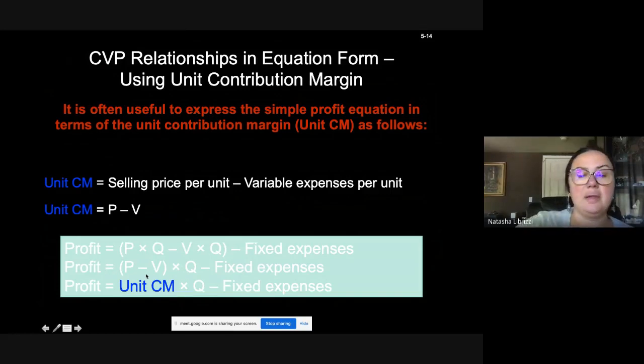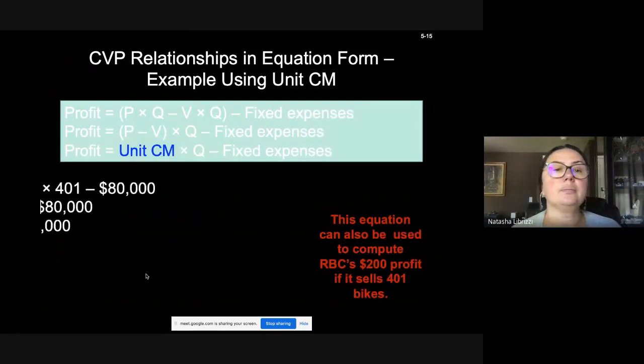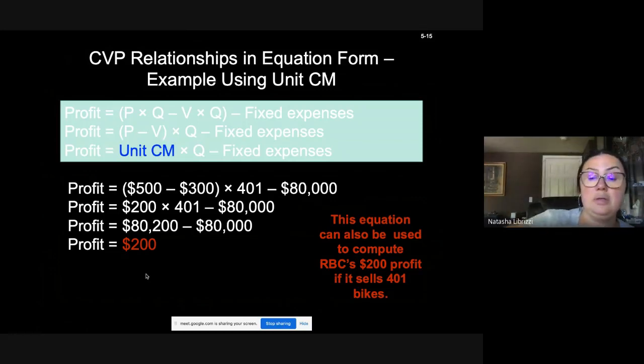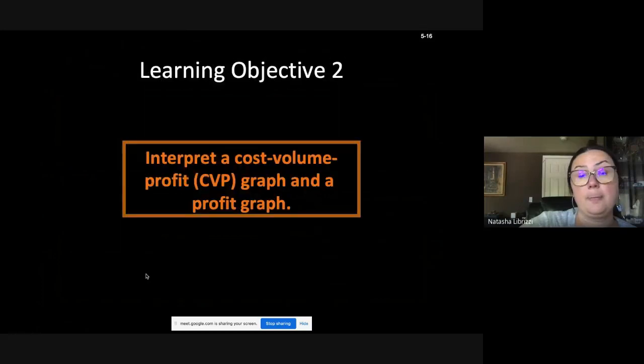So mathematically, that makes sense. This is the same thing, just written in equation format. So now you can use the equation to calculate how much you will make by selling 401 bikes.